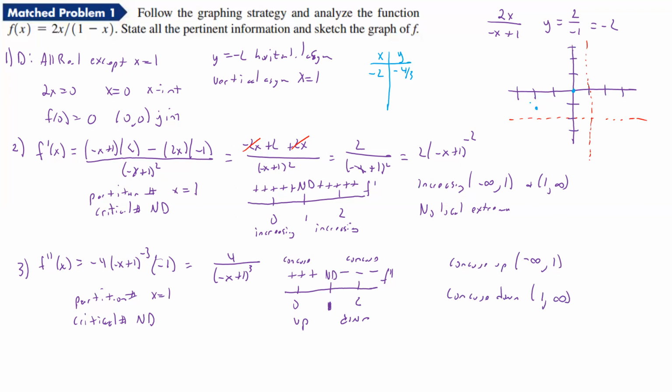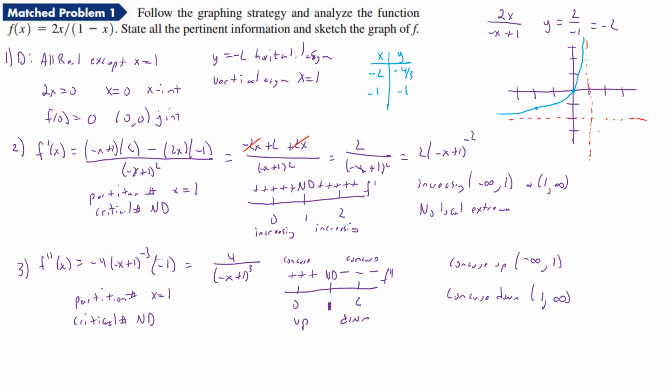All right, negative 1. What's that going to be? That's going to be negative 2 over 2, so that's a negative 1. So negative 1, negative 1. And I think probably that's good because it's going to go concave up, going through those points, and we have the asymptotes we have to follow.